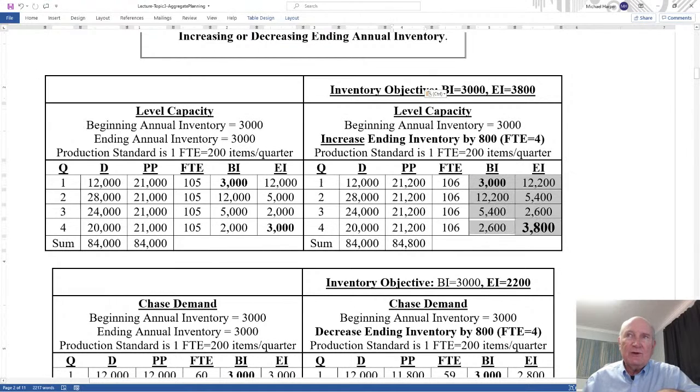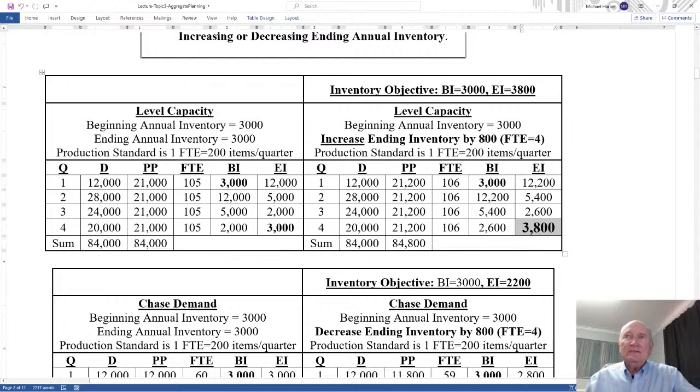And then my inventory over here with the new production plan, notice it starts every quarter. I'm going to increase my inventory from before over here by 200. So instead of 12,000, it's 12,200. Instead of 5,000, as it was before, now it's 5,400. 200 twice. 2,000, 2,600, and finally 3,000, 3,900, and there's our objective. So that's one way to do it.